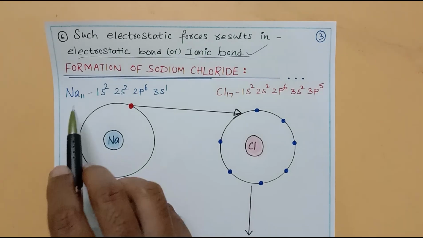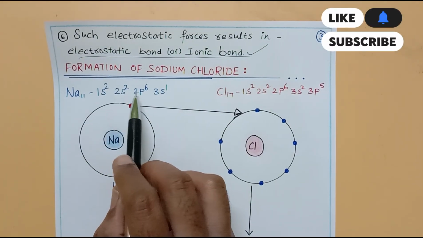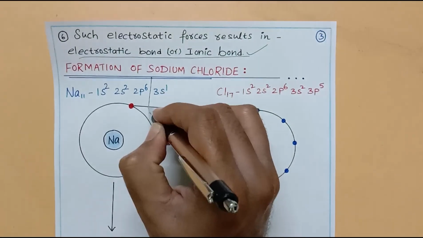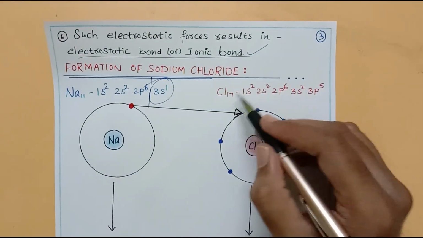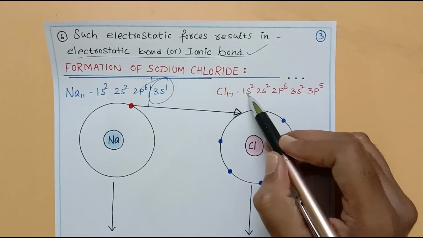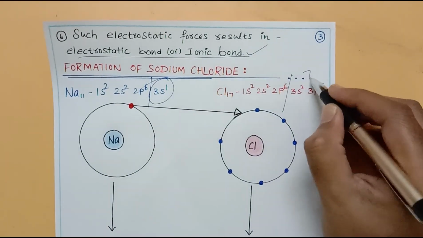Sodium has atomic number 11, and its electron configuration is 1s2, 2s2, 2p6, 3s1. In the valence shell it has 1 electron. Chlorine has atomic number 17, with electronic configuration 1s2, 2s2, 2p6, 3s2, 3p5, so in the valence shell you find 7 electrons.